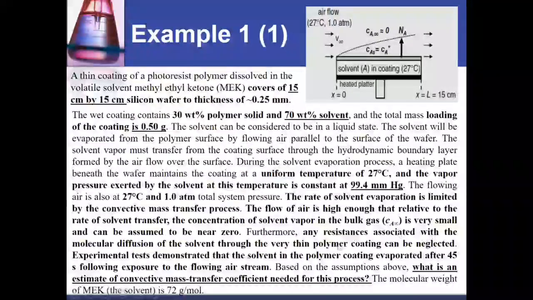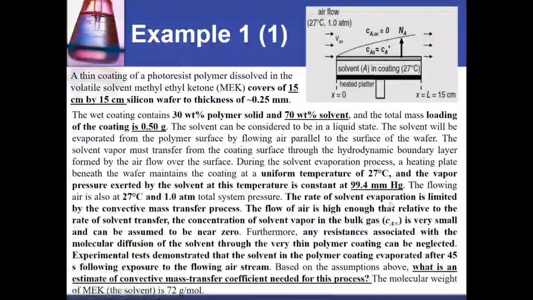Furthermore, any resistance associated with the molecular diffusion of solvent through the very thin polymer coating can be neglected. Remember that we said that in this boundary layer, molecular diffusion always exists. Mass transfer by molecular diffusion exists in this layer, as mentioned in the previous slide. But based on this assumption, we assume that the resistance associated with molecular diffusion of the solvent through the very thin polymer coating can be neglected.